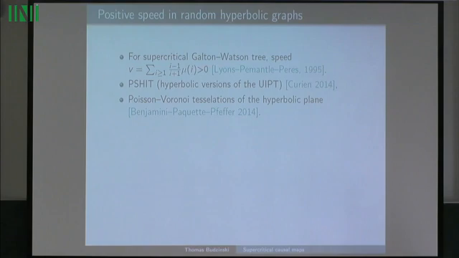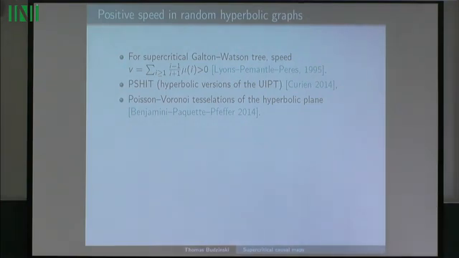Probably the most basic example is supercritical Galton-Watson trees, where this result has been proved by Lyons, Pimentel, and Peres. In this case, it is even possible to compute explicitly the speed in terms of the offspring distribution. It has also been proved for the CHEAT, which are hyperbolic versions of the UIPT, and for Poisson-Voronoi tessellations of the hyperbolic plane.